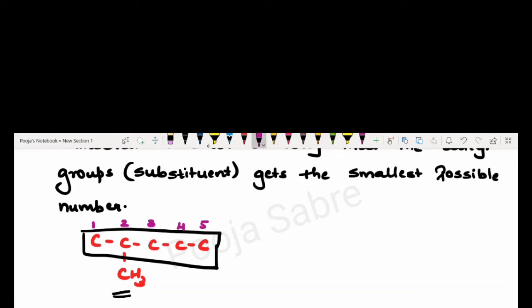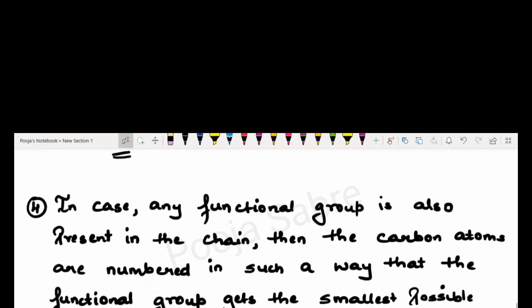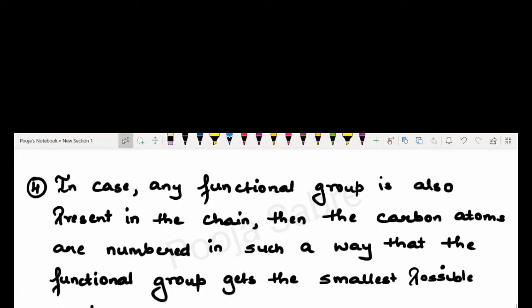Clear? The next rule, the fourth rule, says that in case any functional group is also present in the chain, then the carbon atoms are numbered in such a way that the functional group gets the smallest possible number.